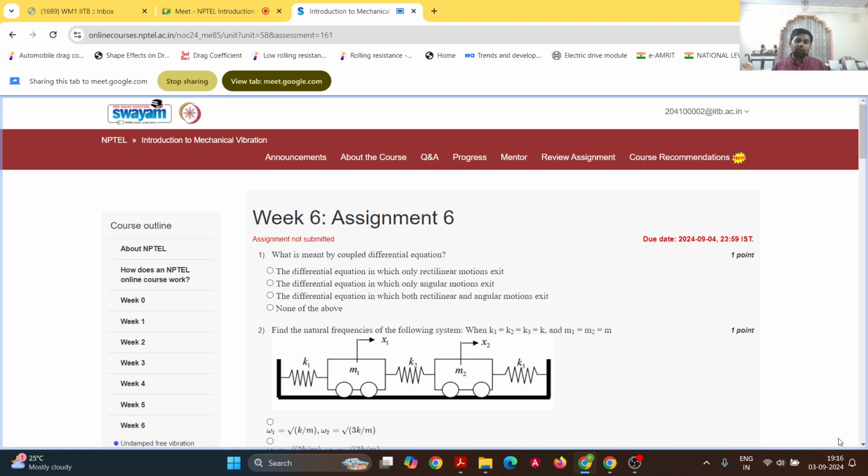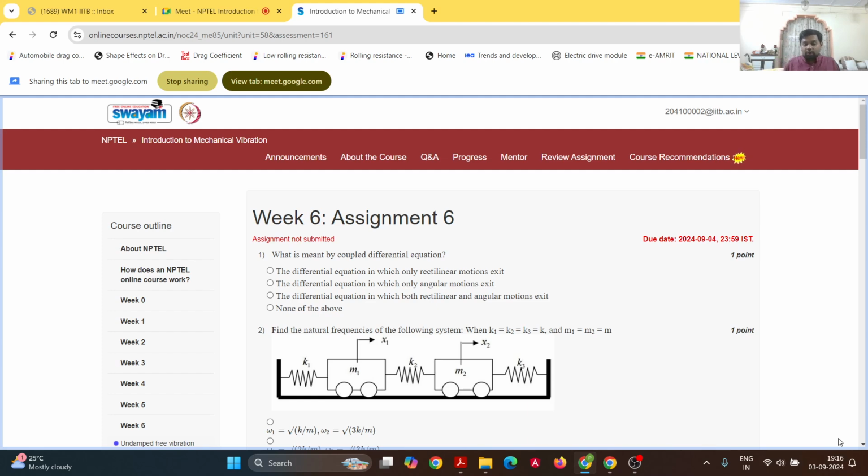So whatever the system is, we should basically be able to draw the free body diagram and using that write the equations of motion.